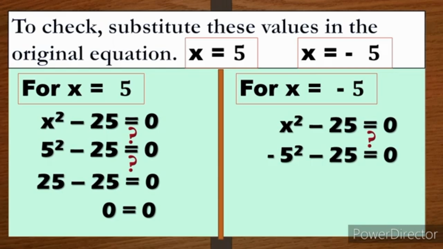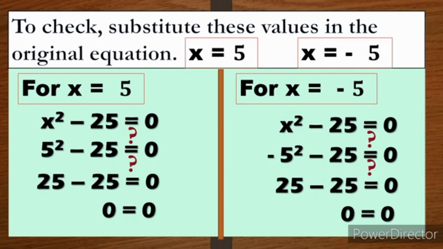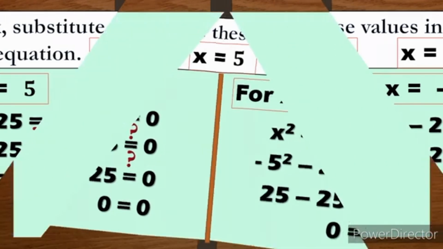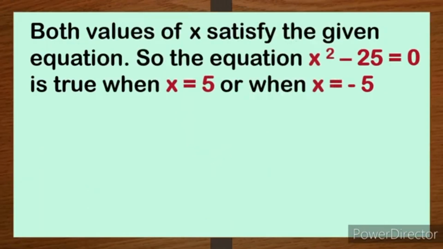So, negative 5 squared is equal to negative 5 times negative 5. Then we have 25. Minus 25 equal to 0. Okay? So, 25 minus 25 equals 0 equals 0. Since they are both equal to 0, therefore, the value of x, which is negative 5, is correct.